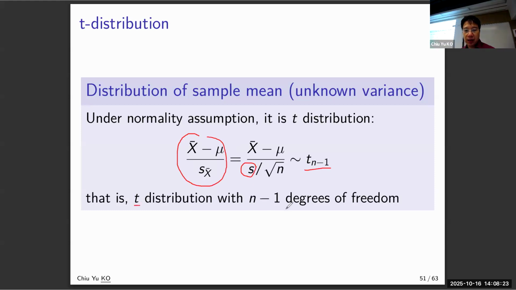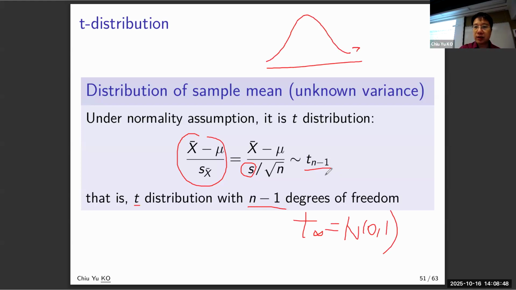It turns out that this depends on the number of samples, right? Remember, T with infinity degrees of freedom is exactly normal (0,1), which is not surprising. If you keep getting data, you should get back to normal. But if not, then the tails will be heavier, right? Because remember, if this is normal, this is Z or T infinity. What is T1?